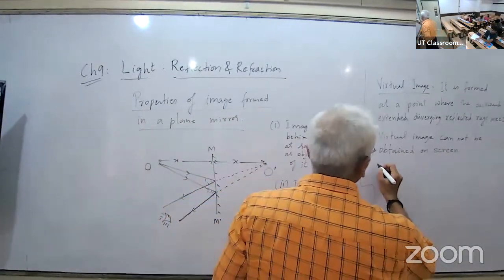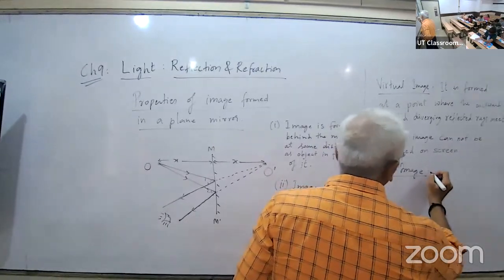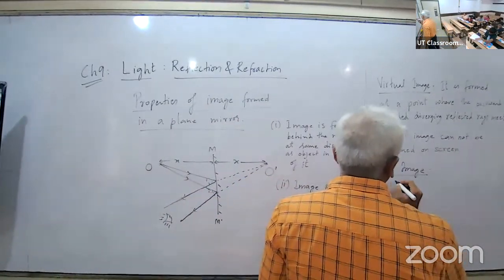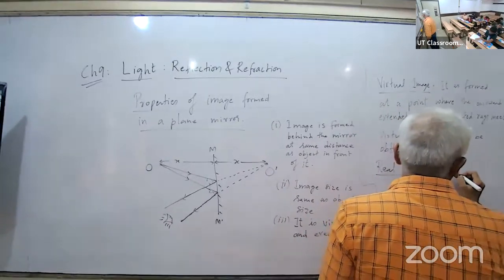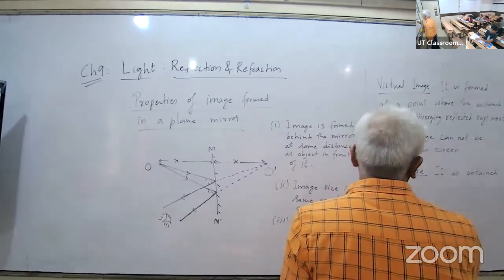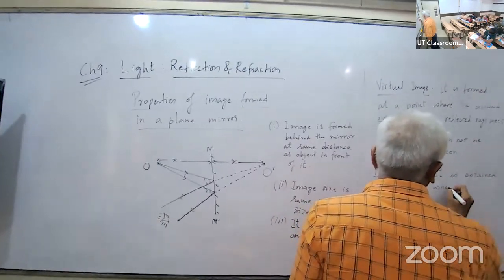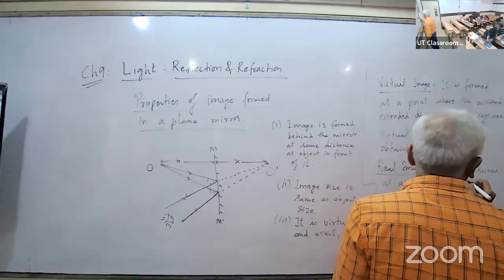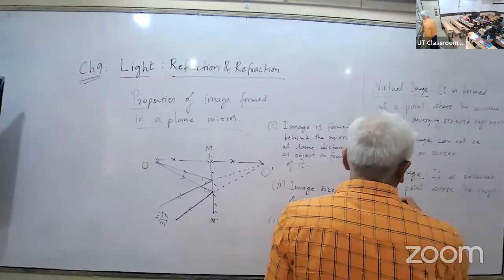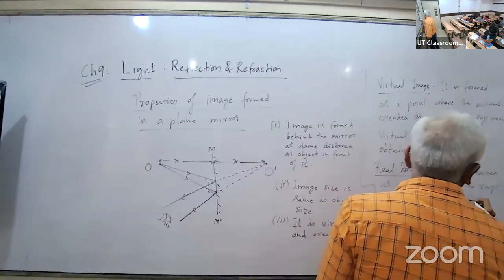Then another type of image is called real image. Now you write down what is a real image. It is obtained at a point where reflected rays meet or converge after reflection.